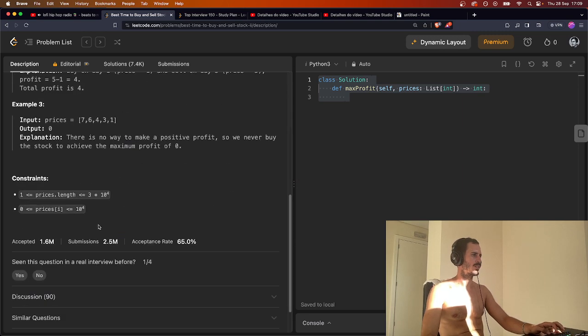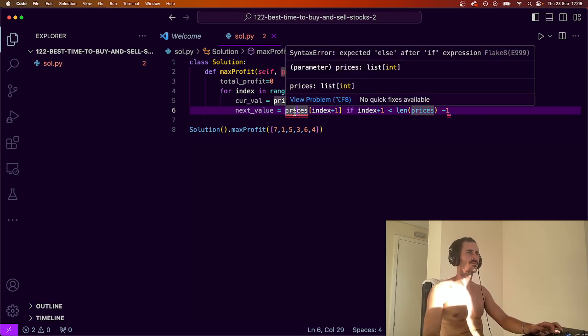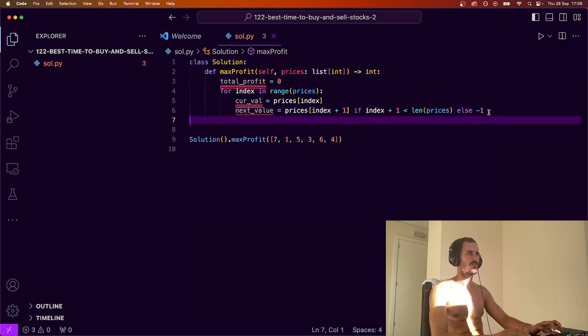Let's look at the, prices go from 0 to 10 to the power 4. Okay. Else. Cool.